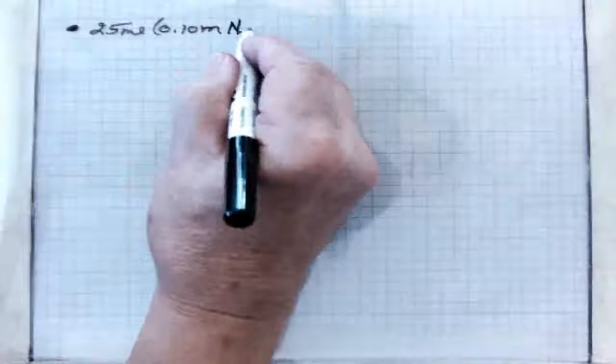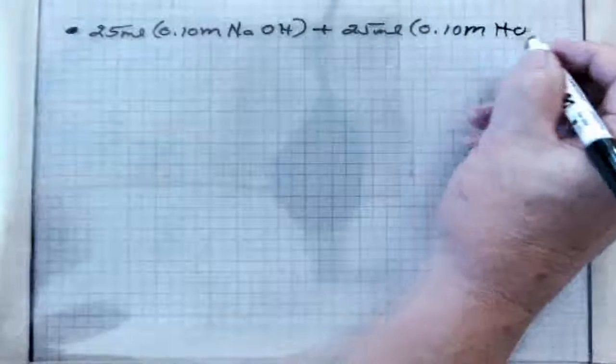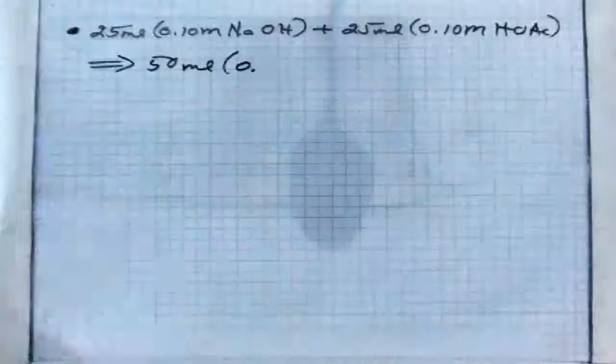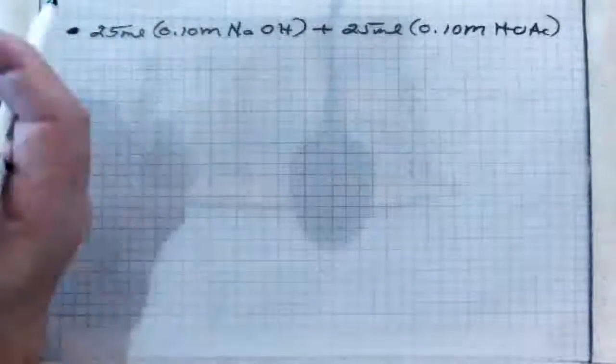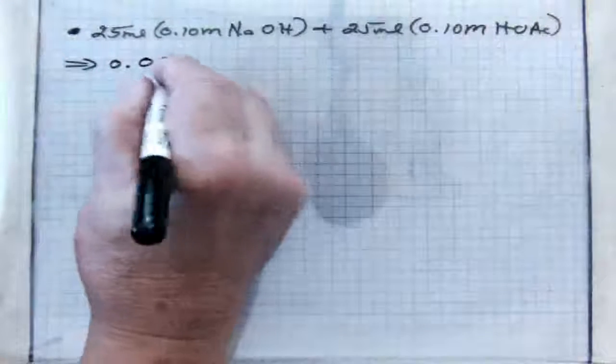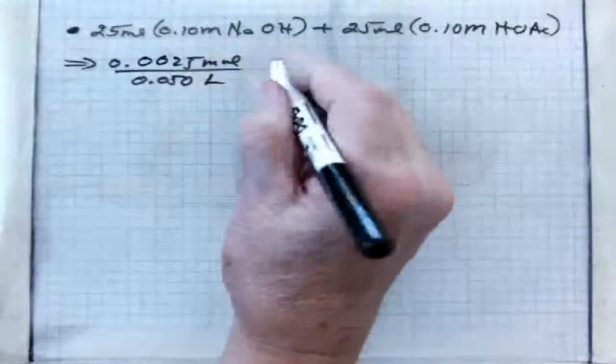Okay, so what is the pH at equal volumes of equal molar concentration? So if we have 25 milliliters of 0.10 molar sodium hydroxide reacting with 25 milliliters of 0.10 molar acetic acid, the outcome of this is 50 milliliters of sodium acetate. I better calculate it. It's the amount of sodium hydroxide used, so this will give me 0.0025 mole over 0.050 liters of the sodium acetate.